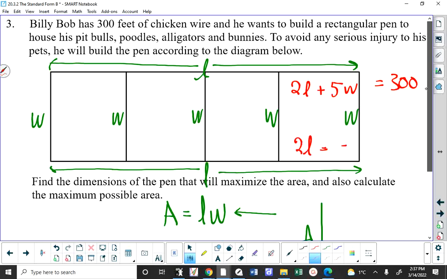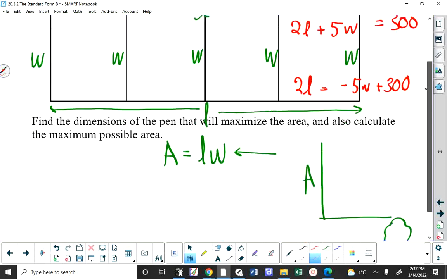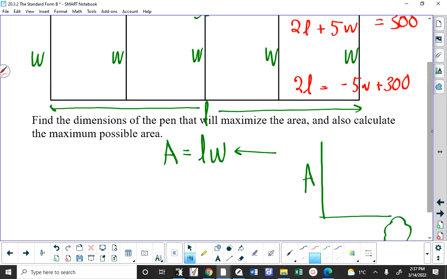2L equals negative 5W plus 300. Divide everything by 2, you get L equals negative 5 halves W, that's negative 5W over 2, and then 300 over 2 is 150. This is what we put in.